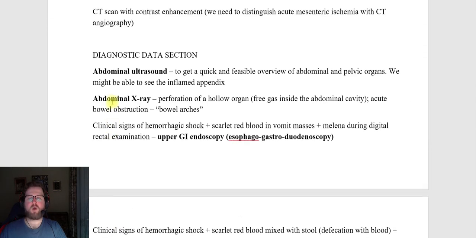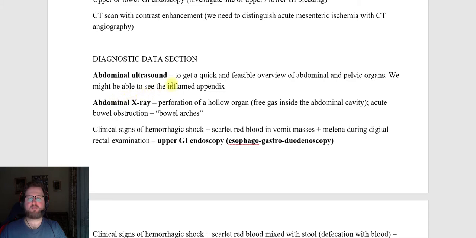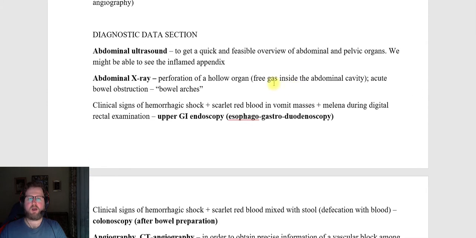Let's summarize what we can obtain from the diagnostic section, the additional diagnostic tools. Abdominal ultrasound will give us a quick and feasible overview of abdominal and pelvic organs. It's better to combine conventional abdominal ultrasound with gynecological transvaginal ultrasound.